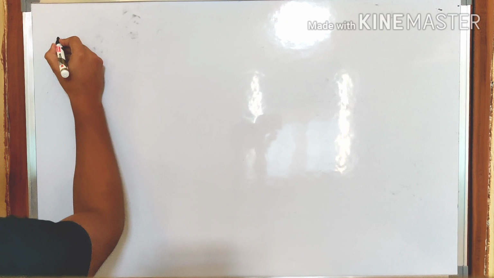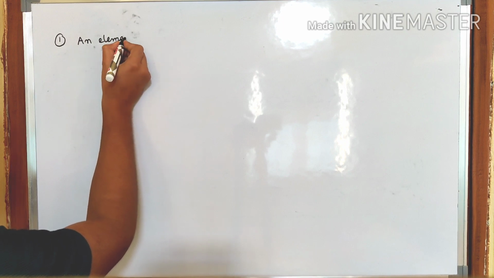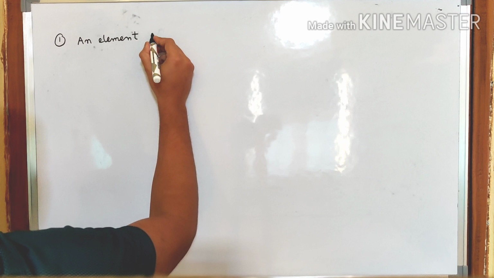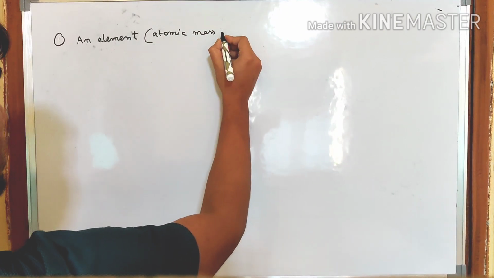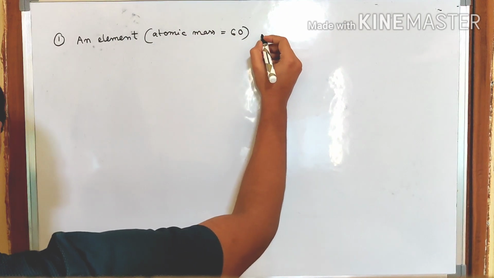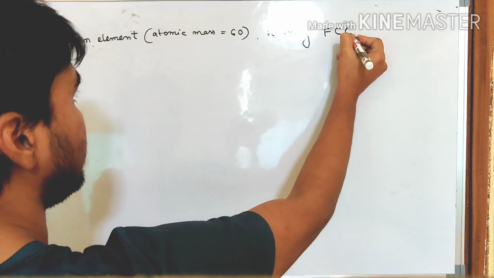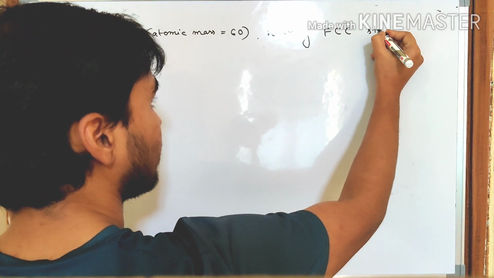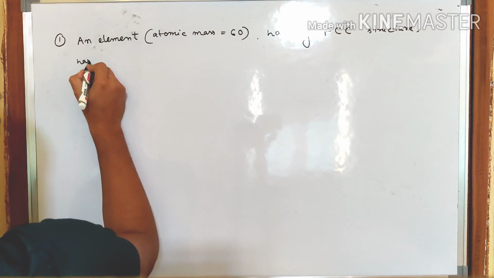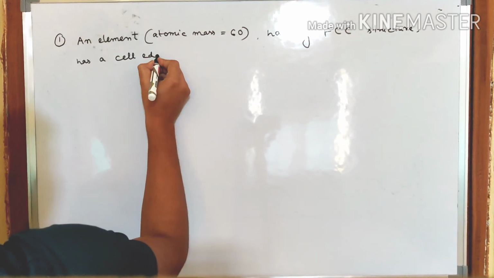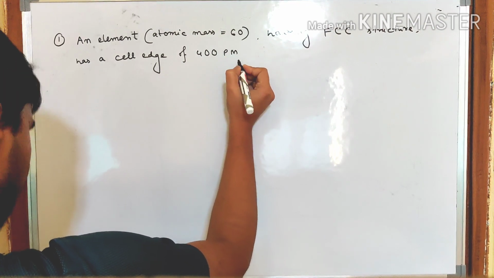First problem for today goes like this. The question is, an element, you also write it down, an element atomic mass equal to 60, having FCC, means face centered structure, has a cell edge of 400 picometer.